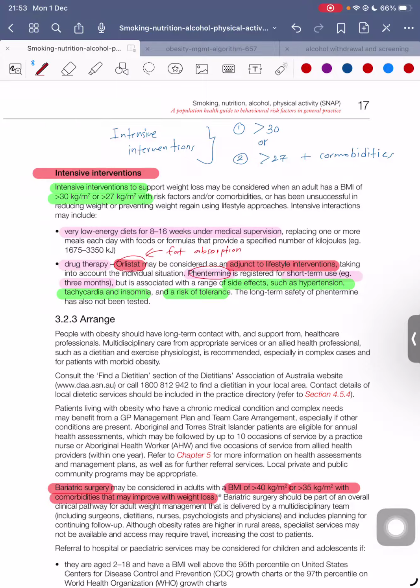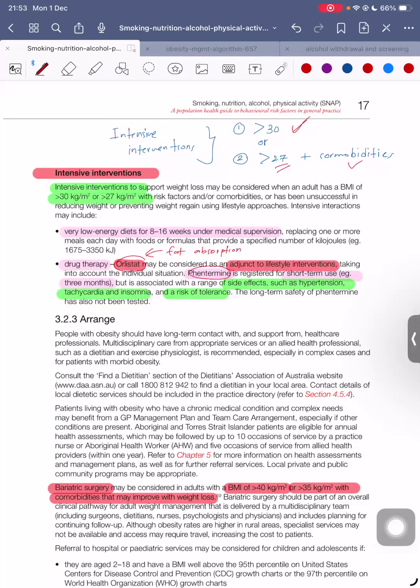For whom should we consider intensive interventions? Patients whose BMI is more than 30, or if the patient's BMI is more than 27 with comorbidities.